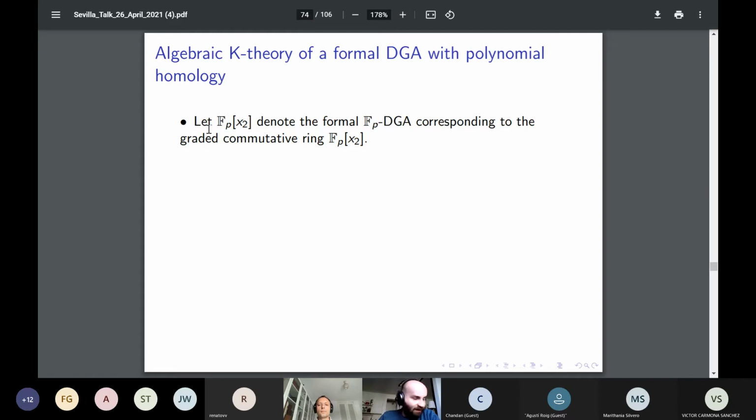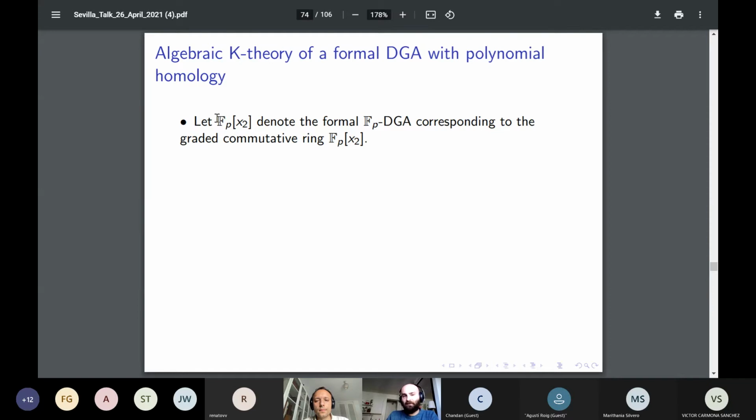So I will state our result for this particular formal DGA. Here F_p[x_2] denotes the graded ring given by the polynomial algebra with a single generator in degree 2. This is a graded ring. We can imagine this as a formal F_p DGA.